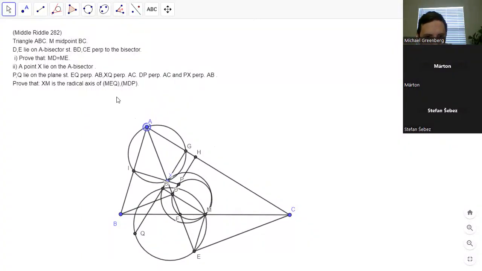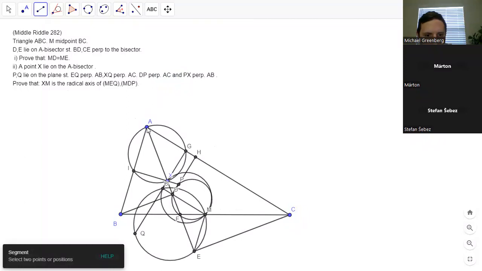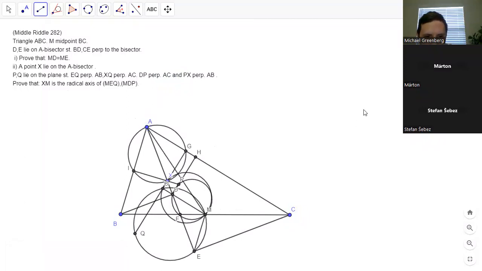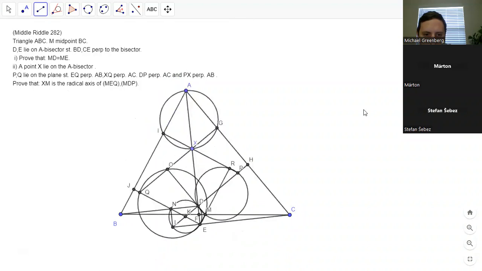I think AM passes through the intersection of these circles. Actually that's obvious, because where the two circles intersect, we have one right angle and another right angle, so they're going to be collinear.